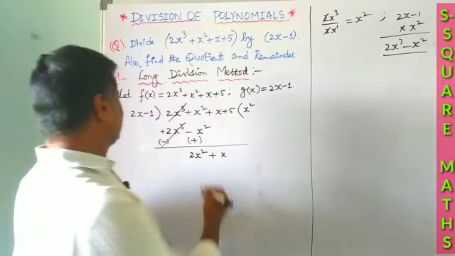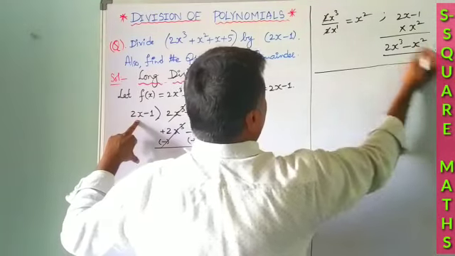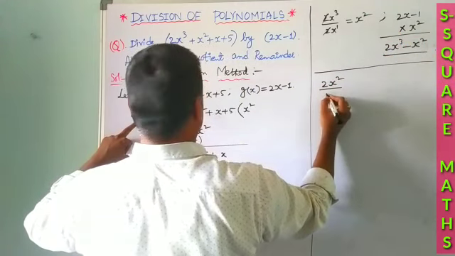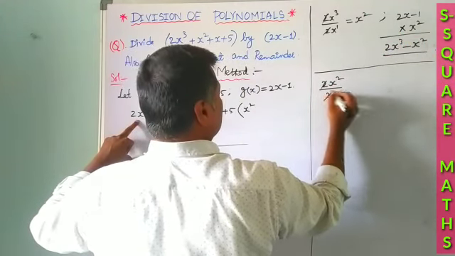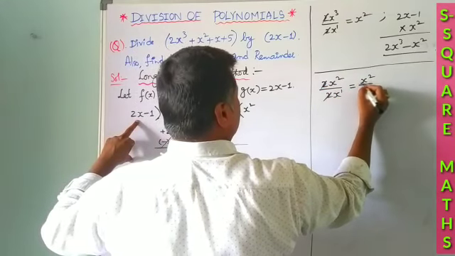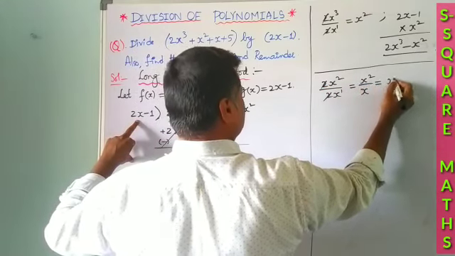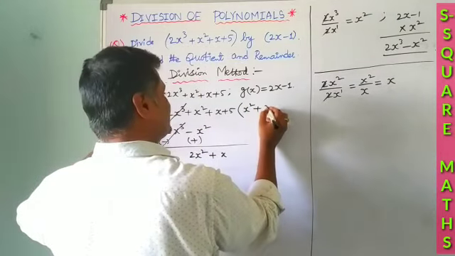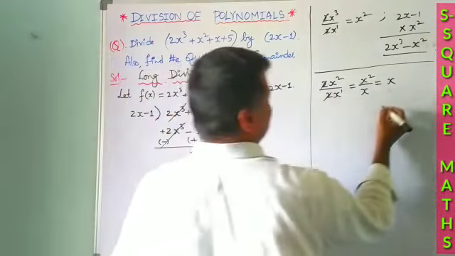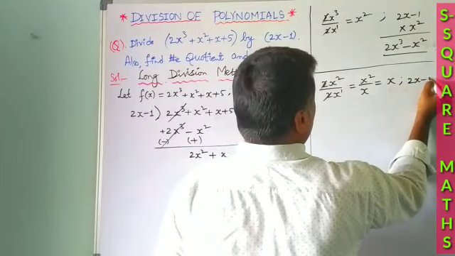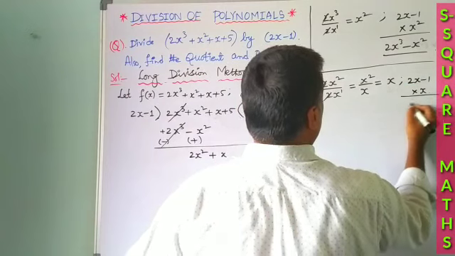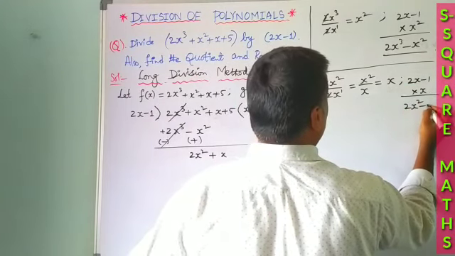Next, the same step follows. 2x square by 2x: x power 2 by x gives you x. So plus x. The same plus x we multiply with 2x minus 1, so that I will get 2x square minus x.